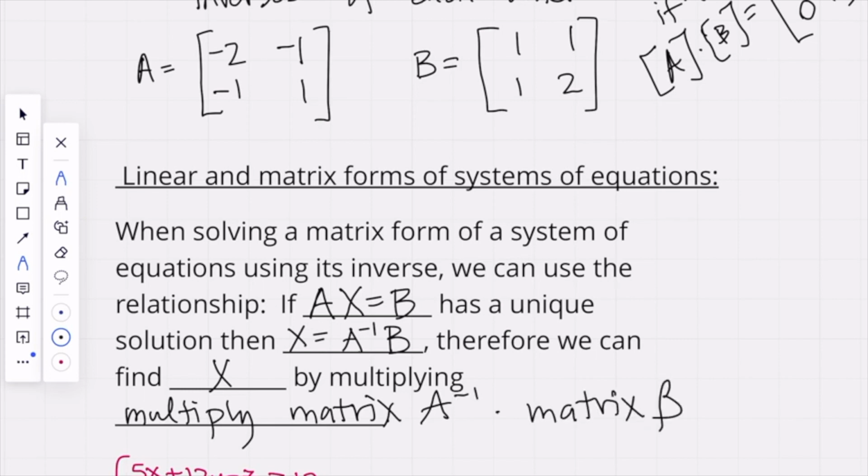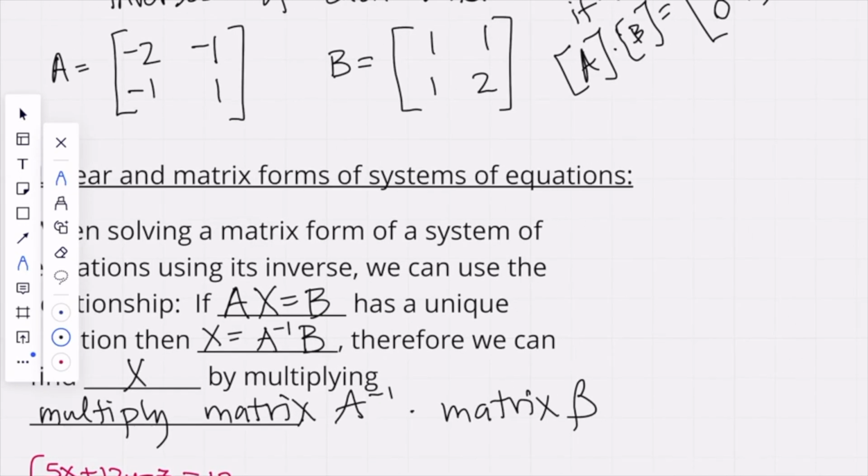Let me show you what's going on here. If I've got this idea, matrix A times matrix X is equal to matrix B, and we're going to work one of these in just a second, then I can multiply the left-hand side and the right-hand side by A inverse.